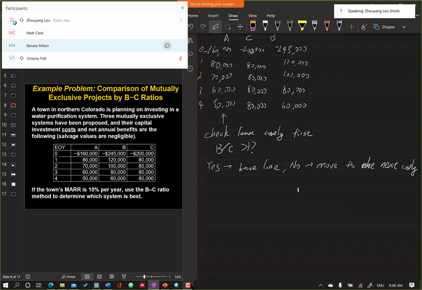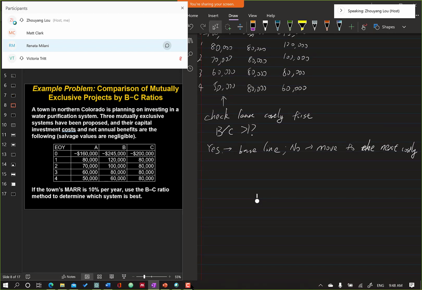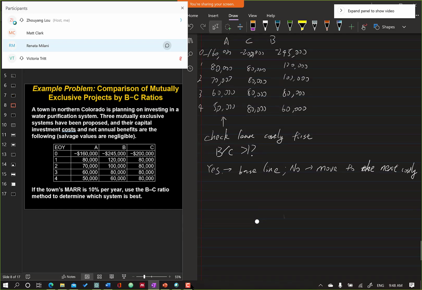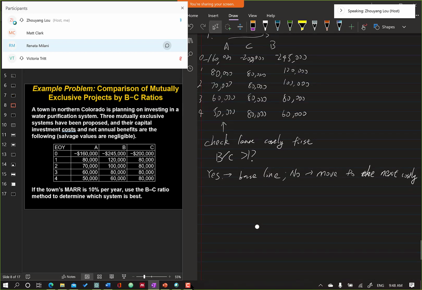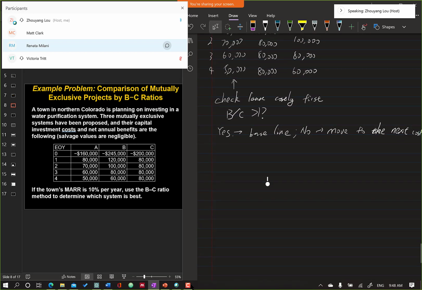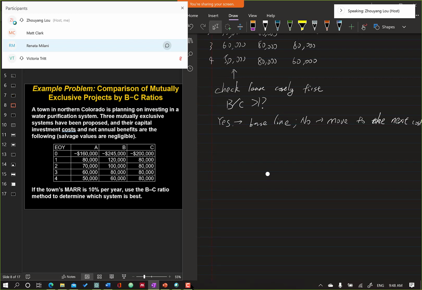Good. Okay, so now we're going to calculate the benefit cost ratio of project A. As long as we know this order, we can proceed. I'm going to move down so you can check the numbers on the left side. Here for A, I'm going to use the present worth to calculate the benefit cost ratio.